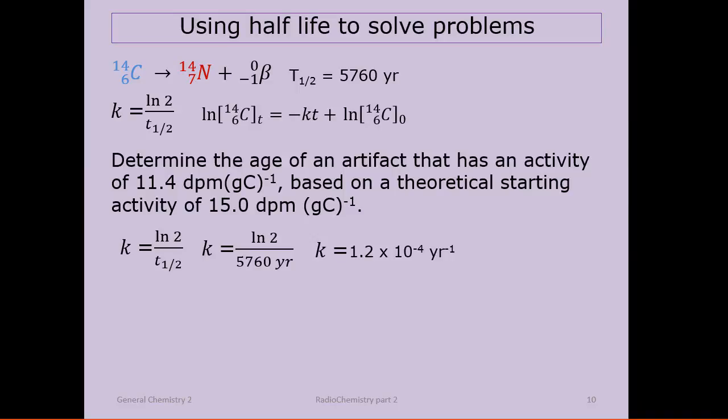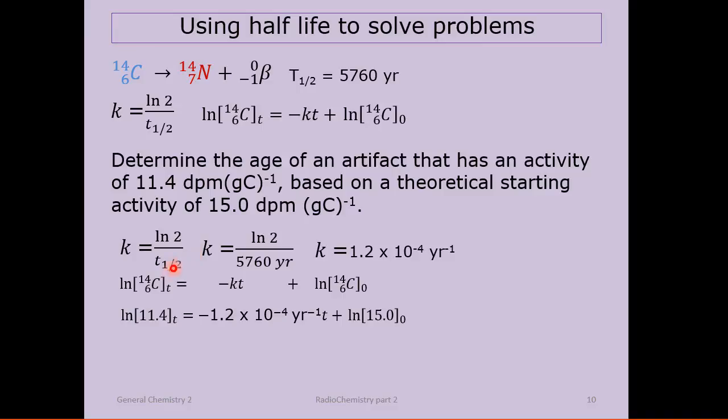So again, we go back through our calculations. The K is always constant. And you'll learn as you're doing a lot of radioactivity or decay type problems, you'll learn to just divide your half-life into the log of 2 to get your rate constant. Now we can plug and chug into the integrated first-order rate law.